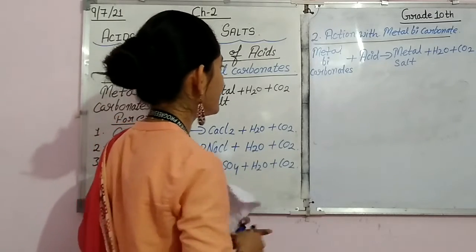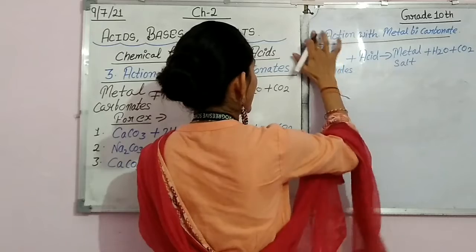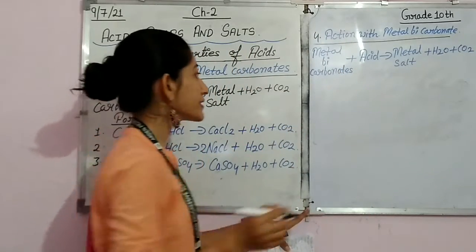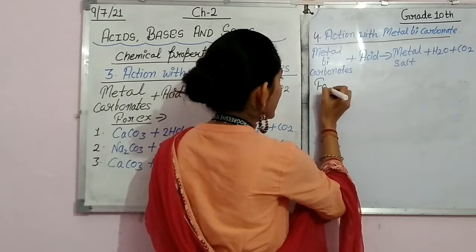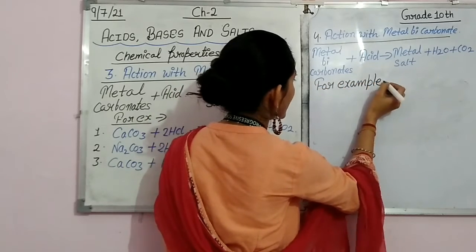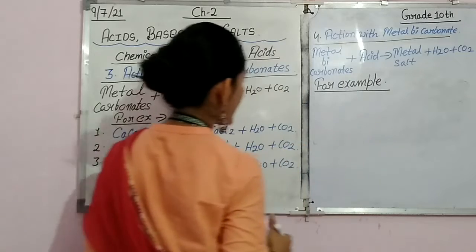Sorry, this is not the second, this is the fourth type of chemical property that we are discussing about the metals. For example, let's see the metal bicarbonates reacting with acid.